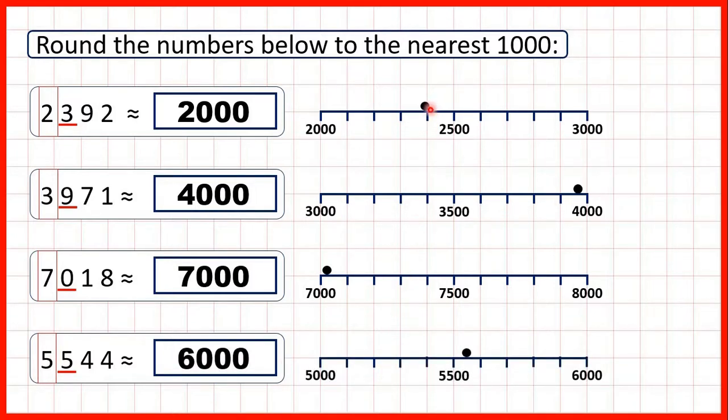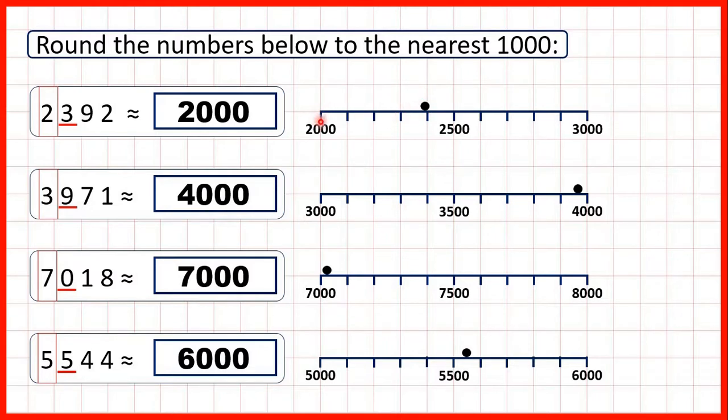Now the number lines help us to understand what we're really doing when we're rounding to the nearest thousand. We can see that this first number is between 2,000 and 3,000, this number between 3,000 and 4,000, and so on. And remember, we underline the hundreds digit, and what we have with each square is an increase of 100.